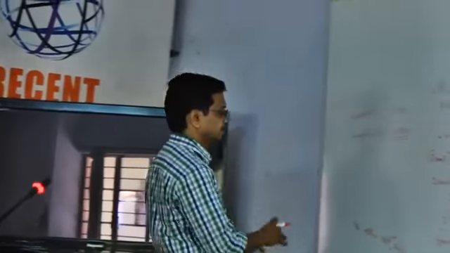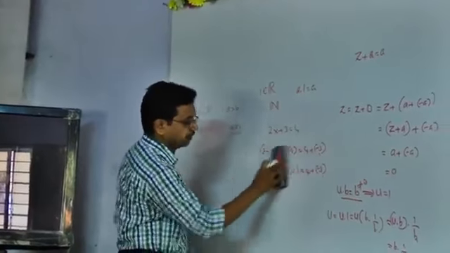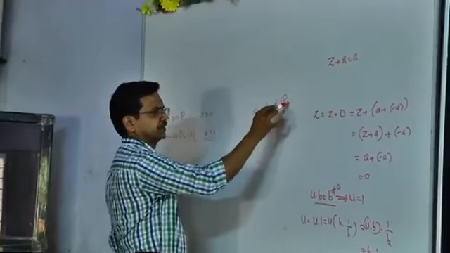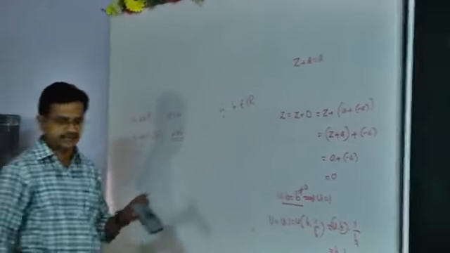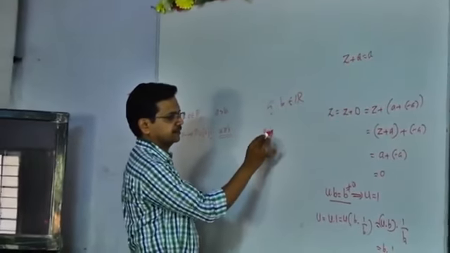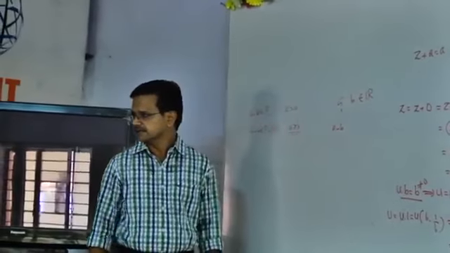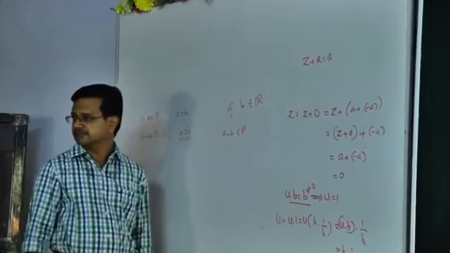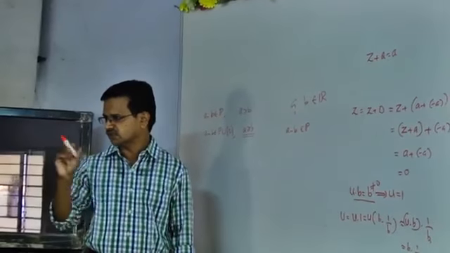Suppose we are given two real numbers, for example, A and B. If A and B are given, we can find A minus B. A minus B is a real number, which means A minus B has three choices.